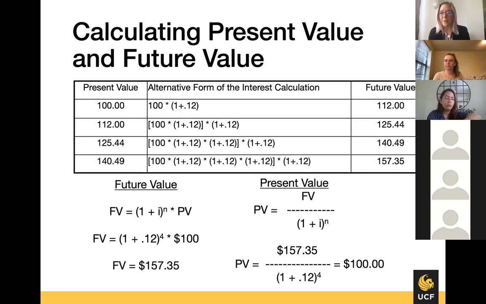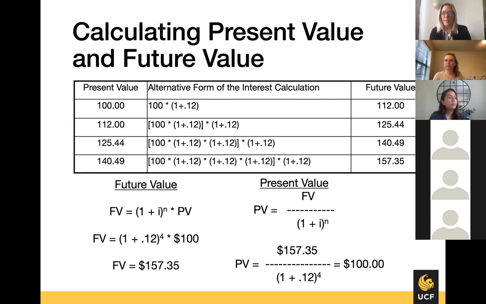Okay, we're going to do a little bit of math here, but I promise it won't be too scary. These are really very straightforward equations to use once you get the hang of them. There's only a few pieces of information that you need to be able to identify here. But what we have here is an example that uses annual compounding. So the interest will only be compounded one time per year.